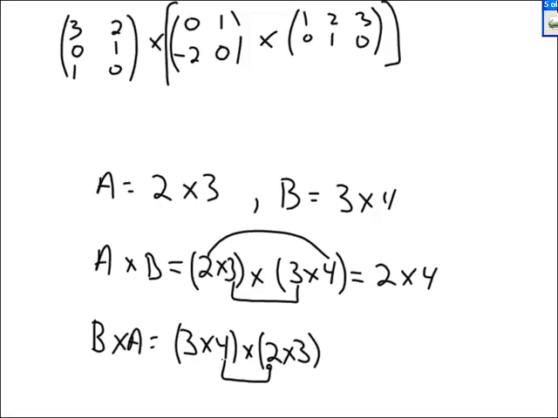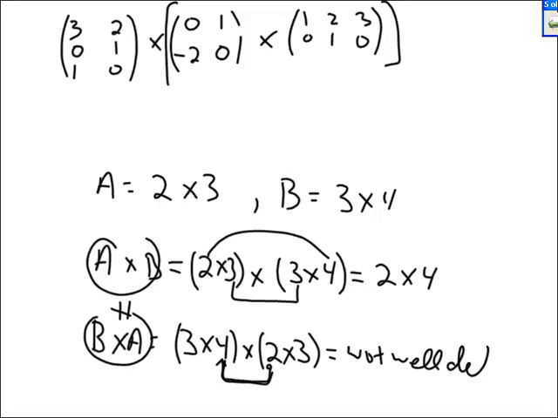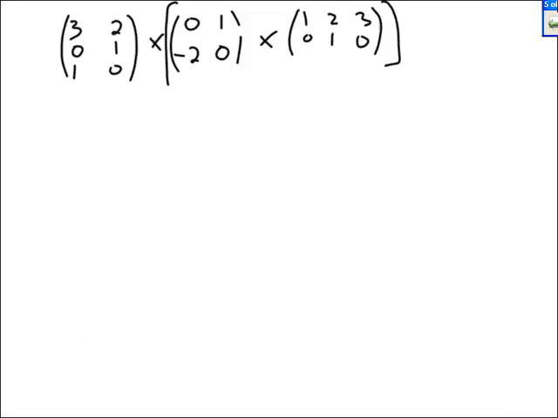Not only will A times B not equal B times A, but B times A, since 4 and 2 are not the same, is not even well defined. That is, you can't even multiply B times A. Okay. But now you may say, well, what if they're both well defined? AB and BA.